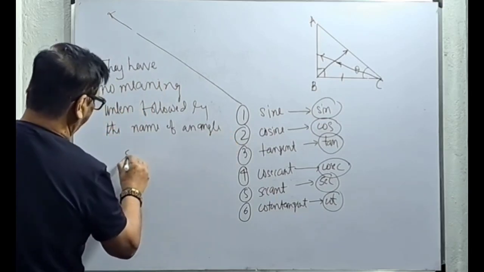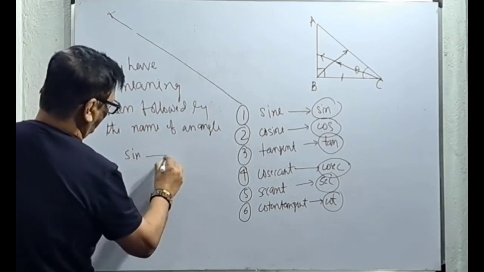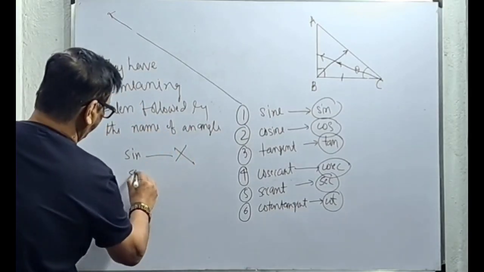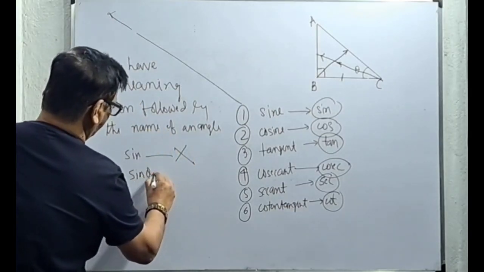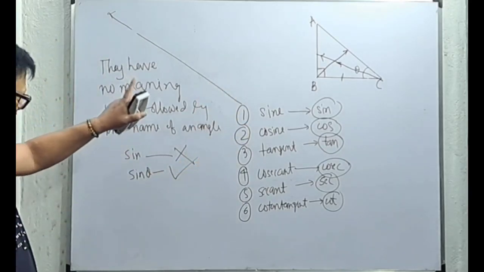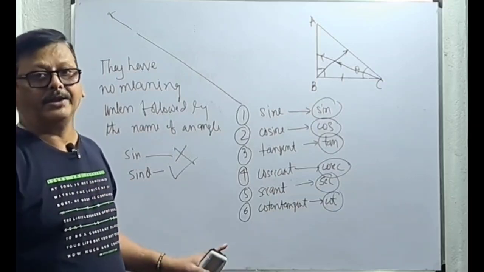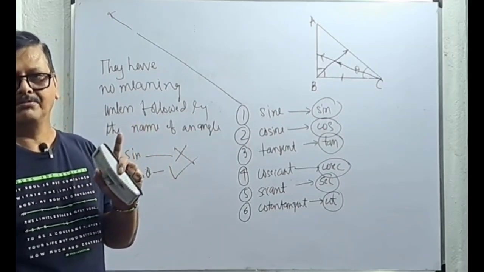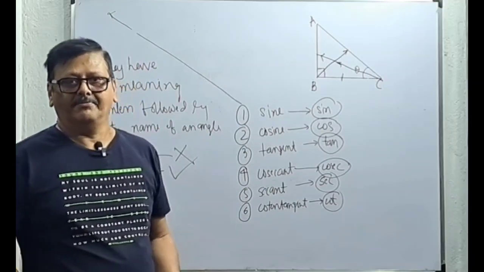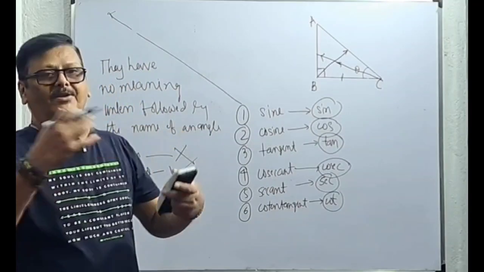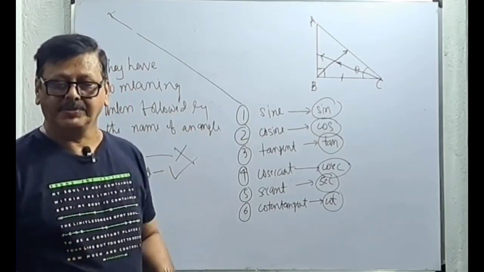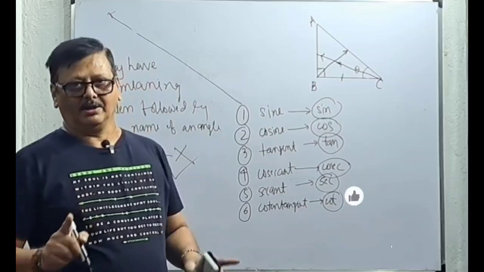Like sine has got no meaning, but sine theta has got a meaning, right? So this must be very diligently remembered. You can't just write sine and then write a value. You cannot do that. The ratio name must be followed by the name of an angle, right?